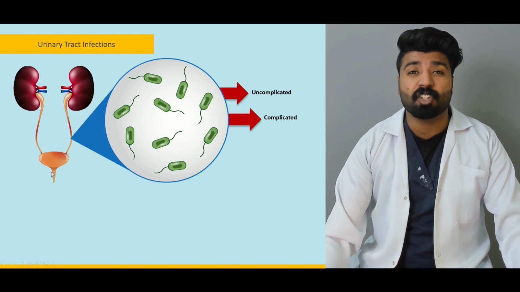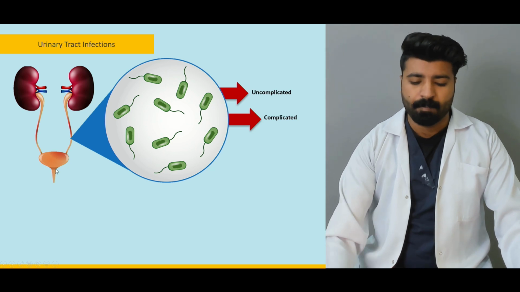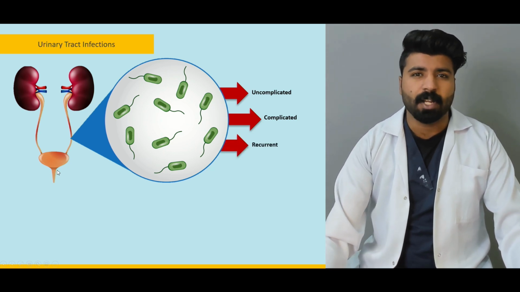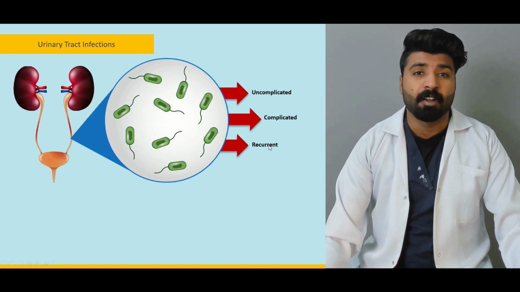So any kind of structural abnormality goes for complicated UTI. Next on, we have recurrent UTIs. These happen basically in those patients who are taking immunosuppressive drugs, or immunocompromised patients, or diabetic patients, and it does happen in female patients more than male patients.